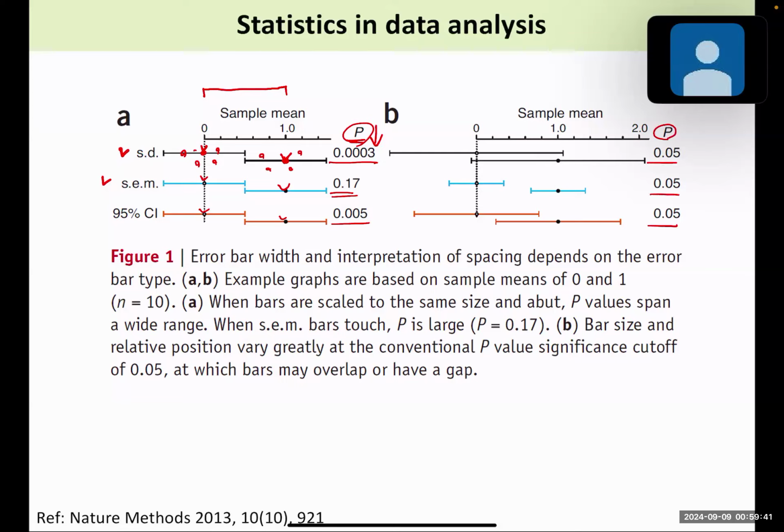So even though you're using the same experimental data sets, when you choose standard deviation, the error bar is generally larger. When you choose standard error of means, the error bars are generally smaller. And for confidence interval, the error bars are also quite large.